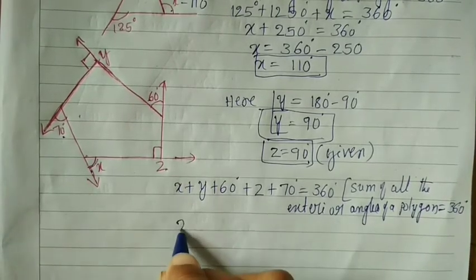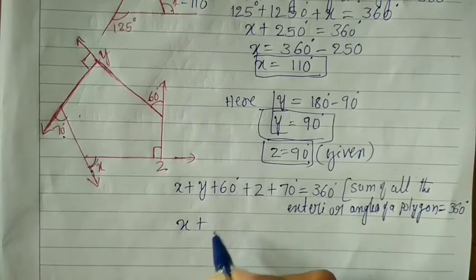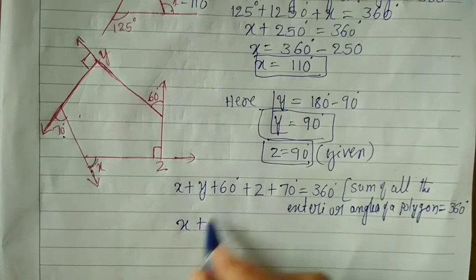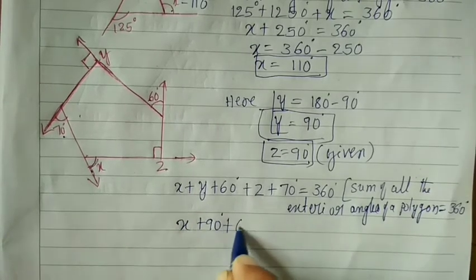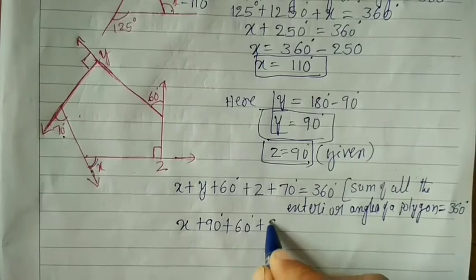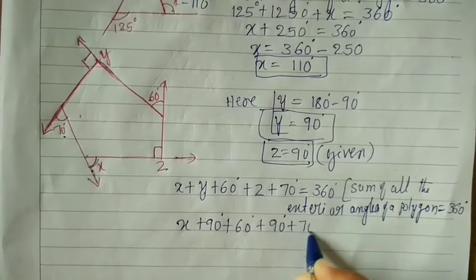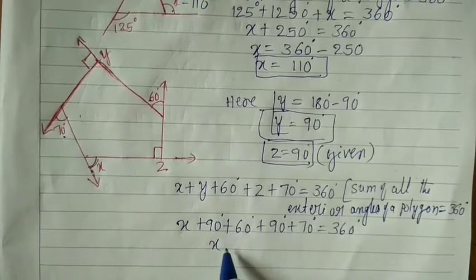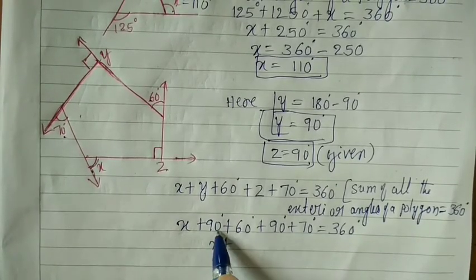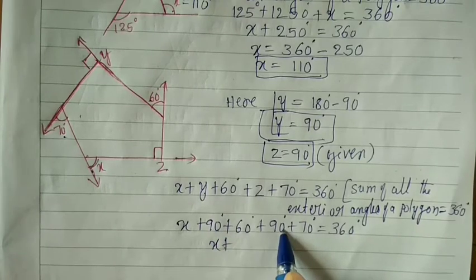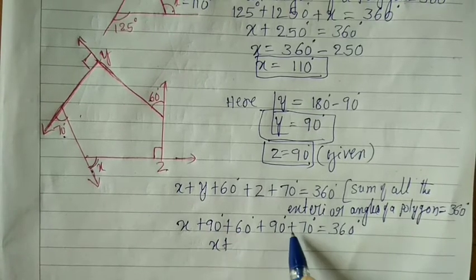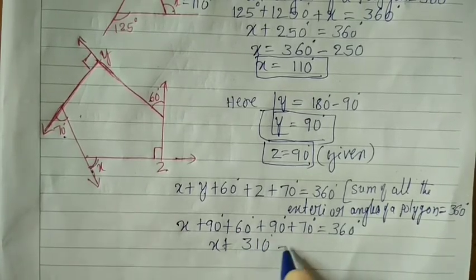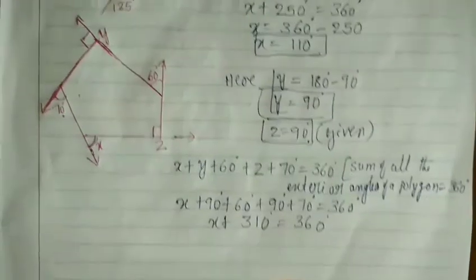Therefore x plus 90 degrees plus 60 degrees plus 90 degrees plus 70 degrees is equal to 360 degrees. x plus 90 plus 90, 180, plus 60 plus 70 is equal to 310 degrees.